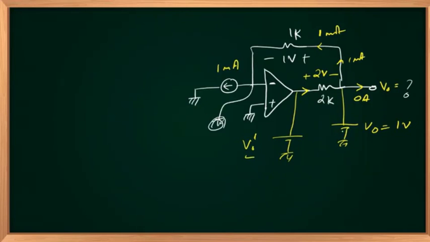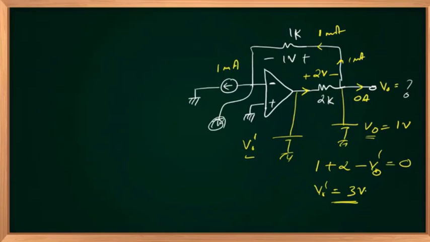So I have to find this. So I'm writing Kirchhoff voltage law. This I know, 1 volt, negative, positive, plus 1. Negative, positive, plus 2. Positive, negative, minus V out dash equal to 0. Done. Actual output V out dash is equal to 2 plus 1 equal to 3 volts.